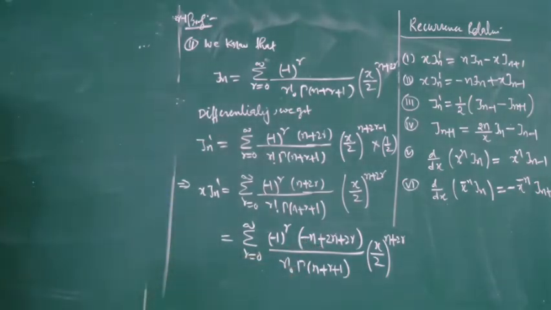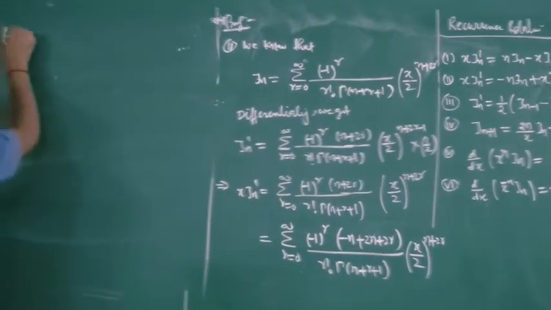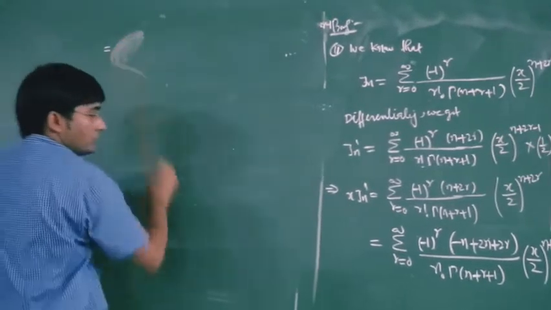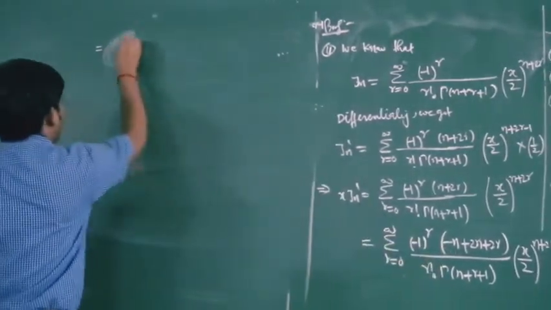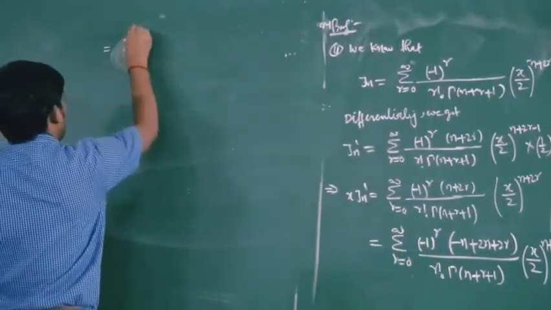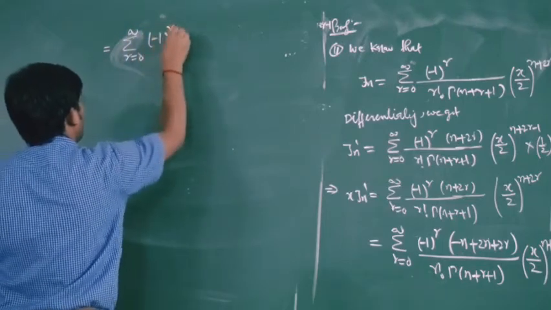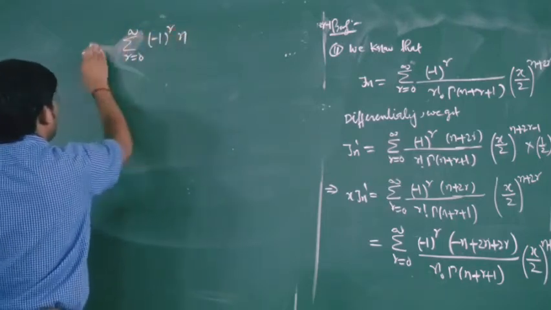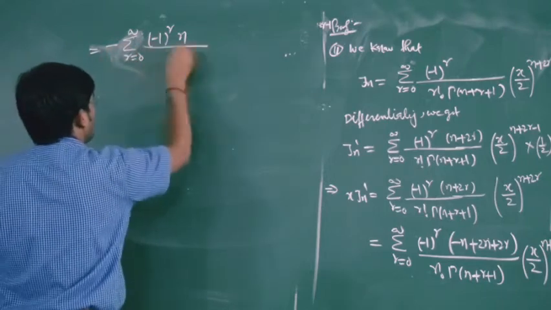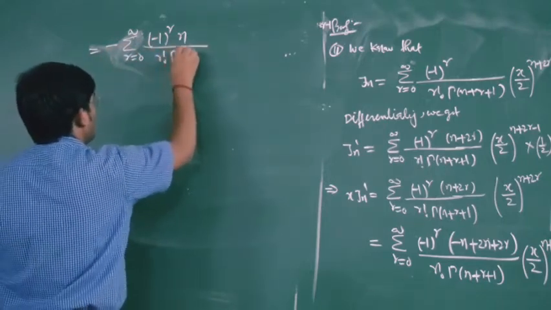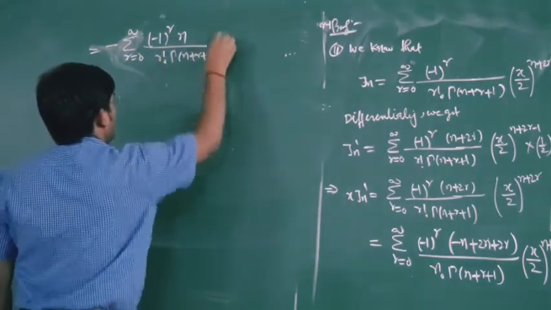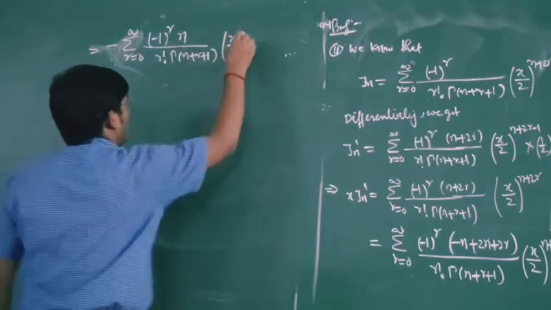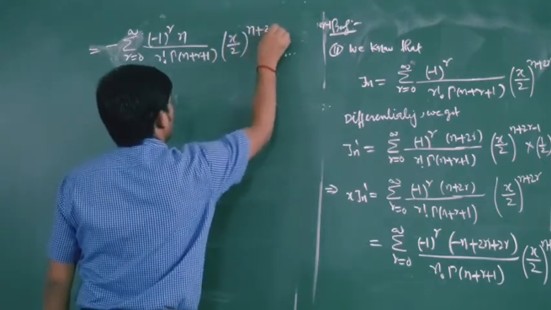So the first term will be minus n into the sum r equal to 0 to infinity, minus 1 to power r. Then we will have n, the minus sign is outside. So here we will have factorial r, gamma n plus r plus 1 into x upon 2 power n plus 2r.